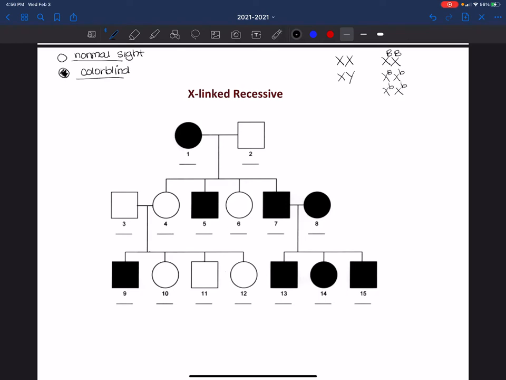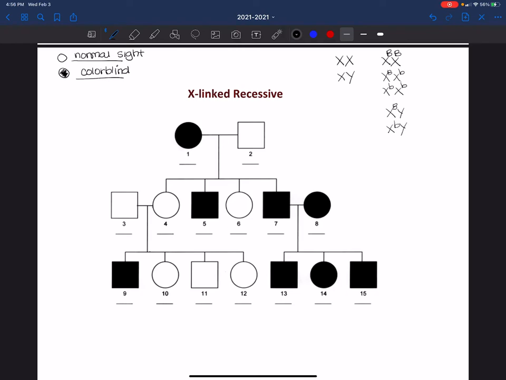Most recessive sex-linked traits are only seen in males because it's more rare for females to have the trait, because they have to have 2 recessive alleles. For a male, there are only 2 possibilities. Males are either going to be normal or they're going to be colorblind.